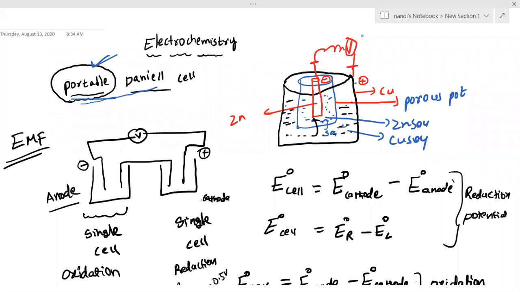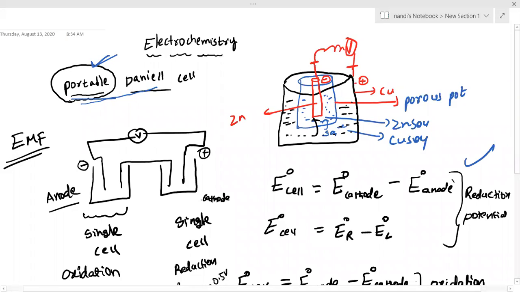Okay, Daniel cell identity given, fine. EMF of the cell I gave, and the E naught value calculations, everything you noted down. I noted down E naught cell equals E naught cathode minus E naught anode. Okay, fine, very good. After that, hydrogen, is it correct?